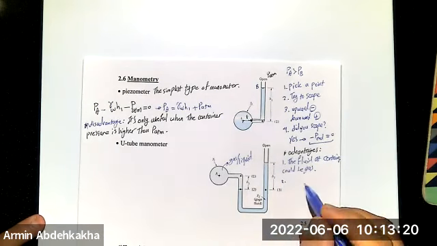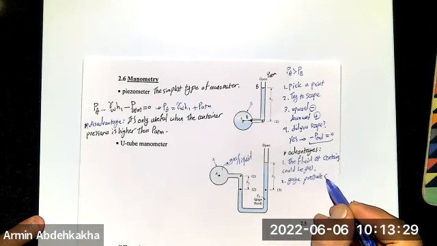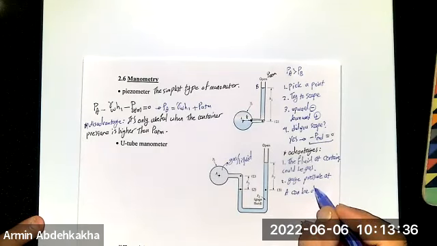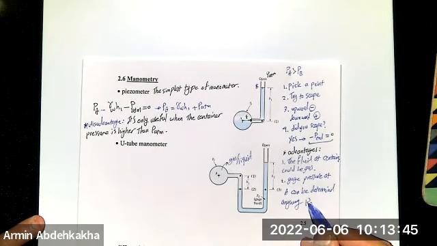Second is the gauge pressure at A can be determined anyway, with PA higher than atmospheric pressure, or lower than atmospheric.